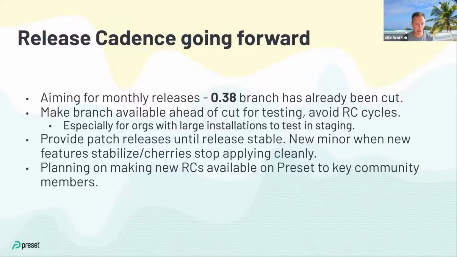So going forward, we're going to be aiming for monthly releases, and we've already cut the 0.38 branch, which is being stabilized right now. One change we're going to try to introduce is making pre-RCs available before actually starting the vote.